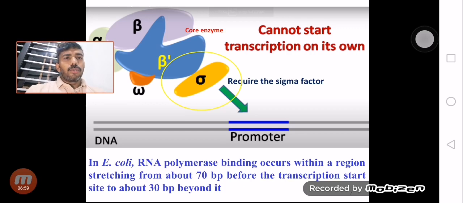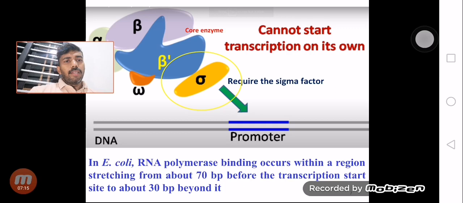As we know, RNA polymerase is a comparatively large molecule, which will come and occupy the promoter site, covering an area of the DNA. It usually binds from around 70 base pairs upstream to around 30 base pairs downstream, and that causes formation of a complex called the closed complex.